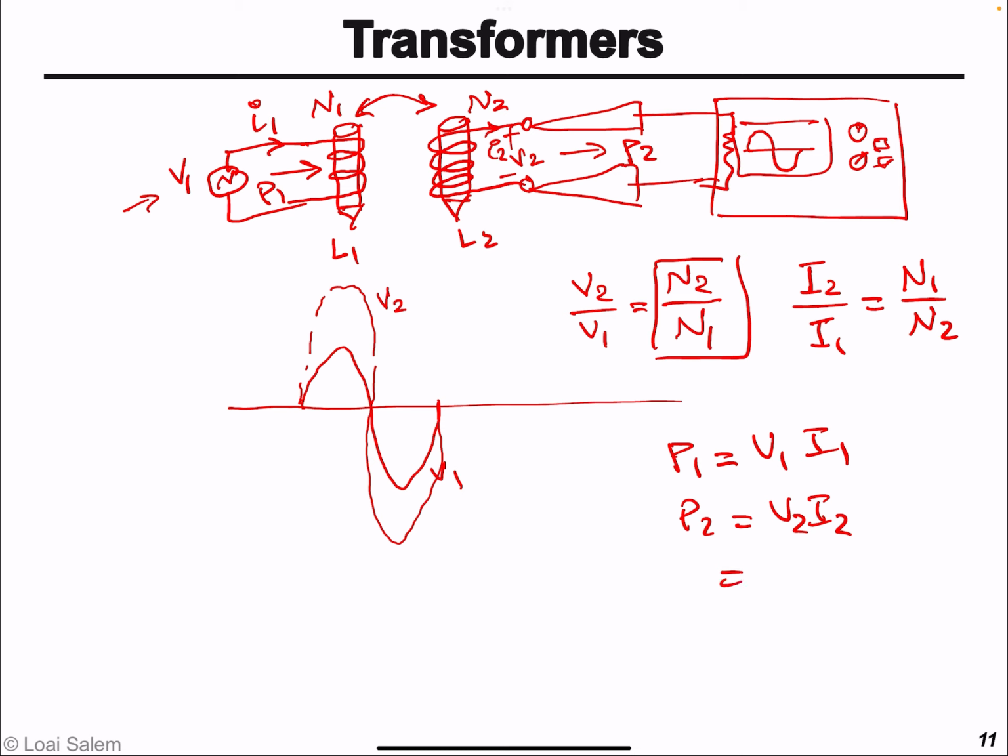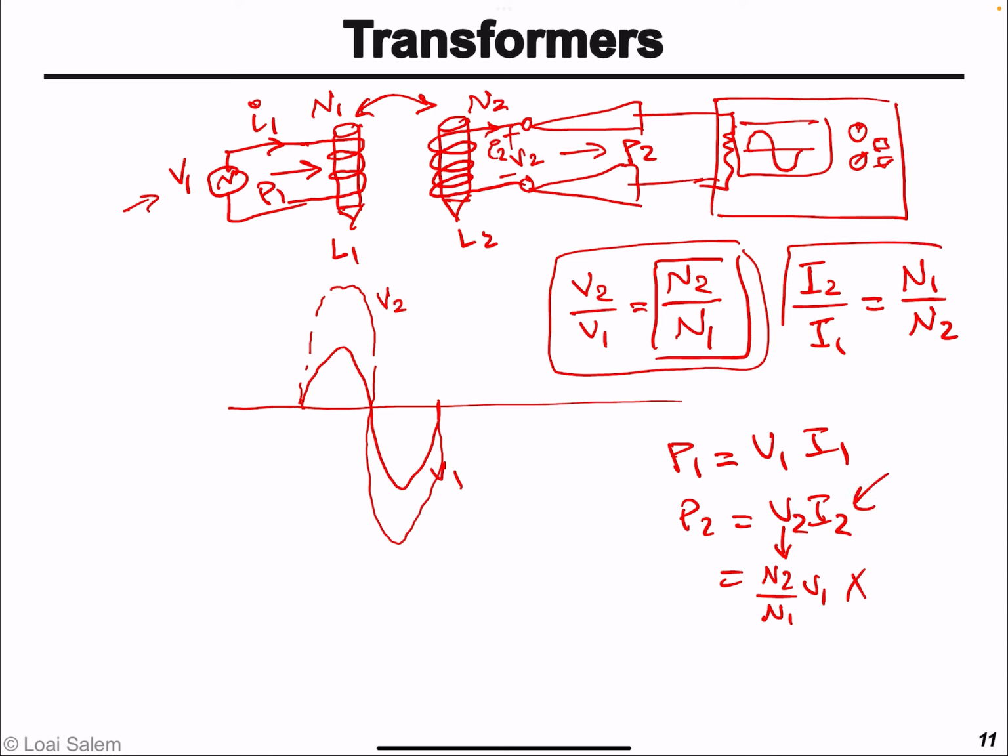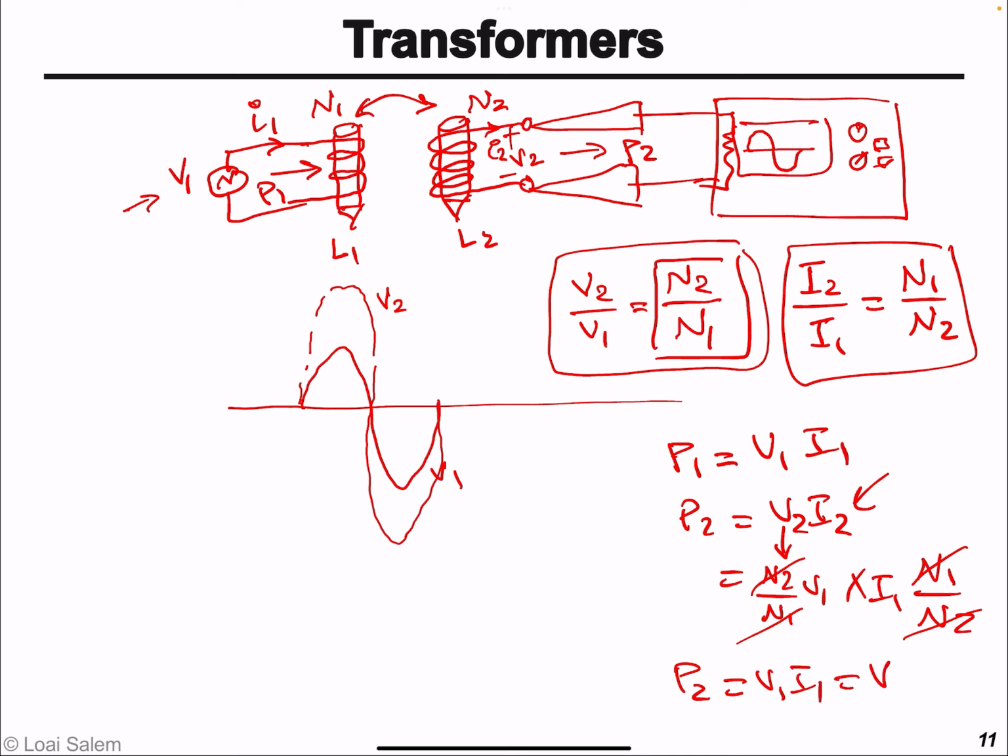If we replace V2 with N2 divided by N1 times V1, and replace I2 with I1 times N1 over N2, N1 cancels the denominator, N2 and N2 cancel out, and we find that P2 is equal to V1 times I1, which is equal to P1.